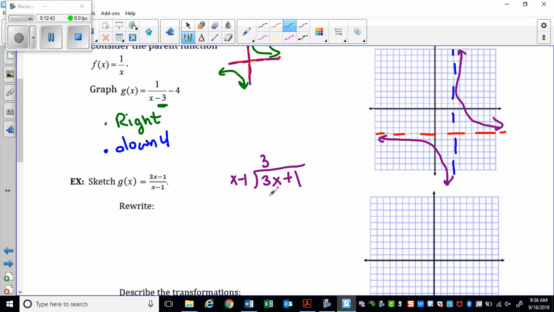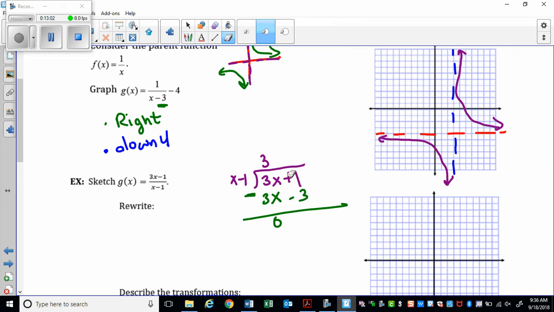So 3 times x is 3x. 3 times negative 1 is negative 3. We're always subtracting. 3x minus 3x is 0. That's why we did it. 1 minus negative 3. Sorry. I wrote it down wrong. So negative 1 minus negative 3.